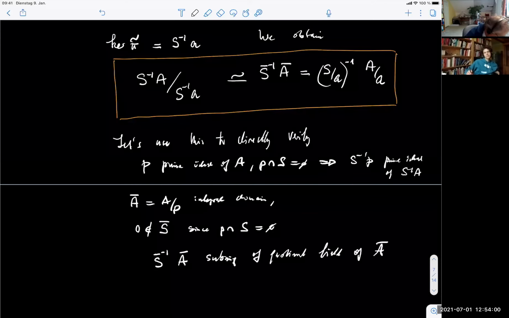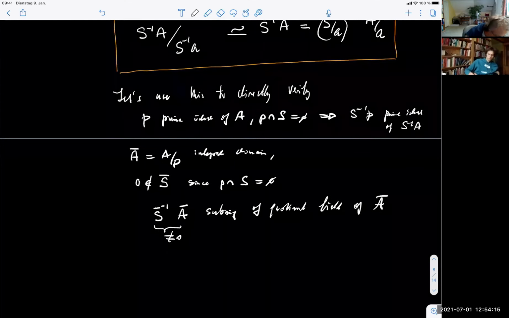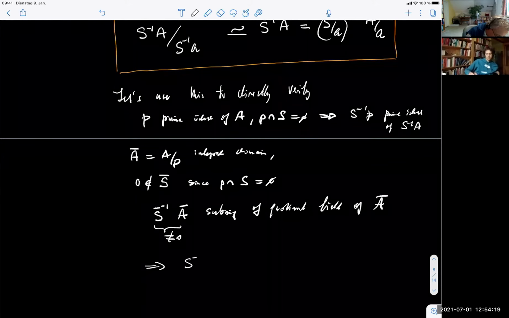Good, I have this, and it's not zero. I just said it's not zero because of that. So therefore, this subring is an integral domain.